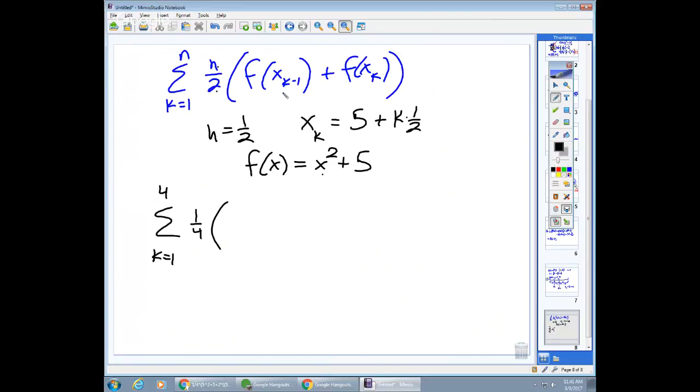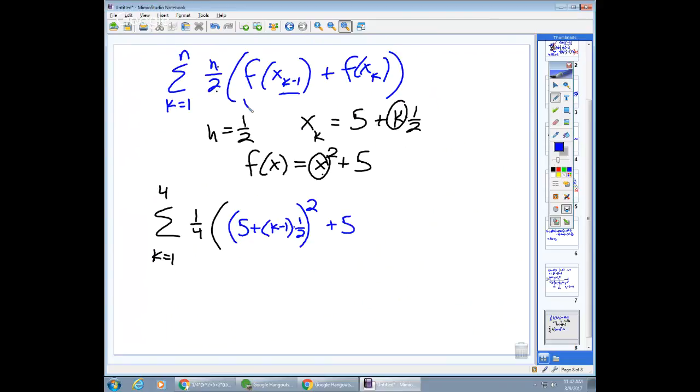First, we plug in k minus 1 for the x value. So my x value, I'm going to stick in parentheses. I'm going to switch to a different color. My x value is 5 plus, and here I have to use k minus 1, so parentheses are important. I need to square that x value and add 5.